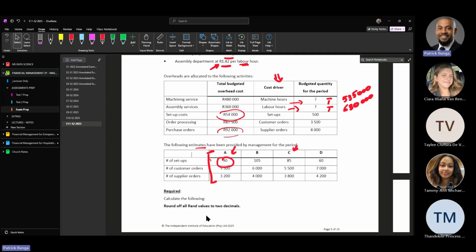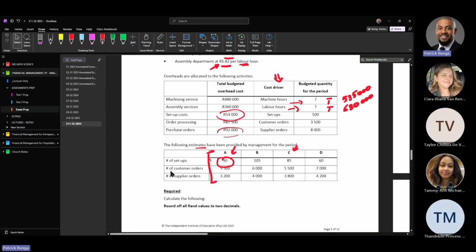We will say, okay, the total setup based on previous months or previous years is generally around this amount. And normally we have 500 setups. So you will use what is budgeted and the cost driver that is budgeted to multiply by the actual estimate for the actual year or the actual month.